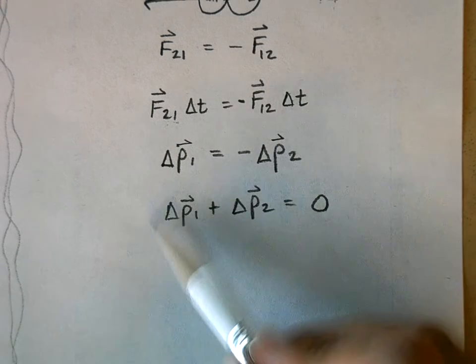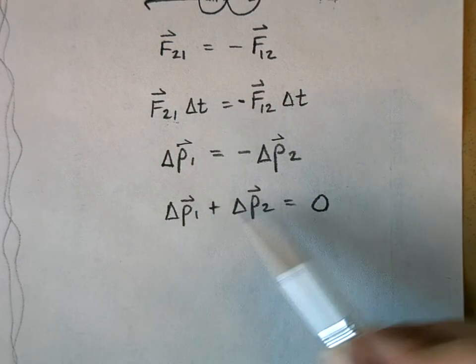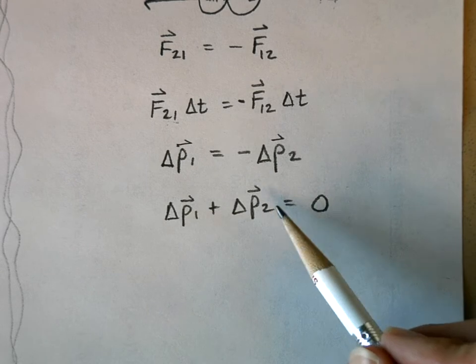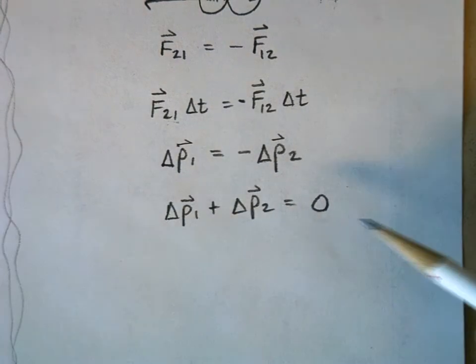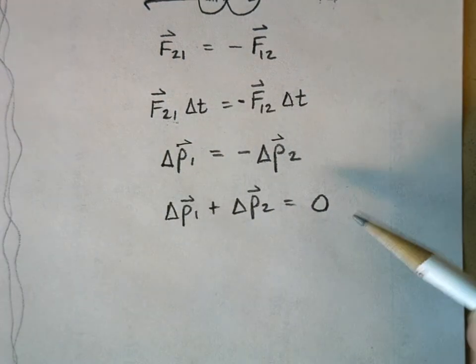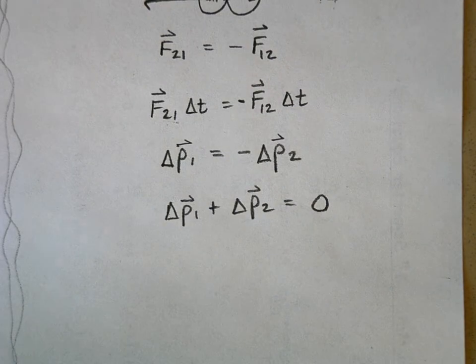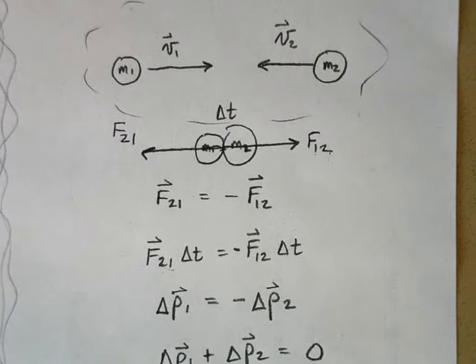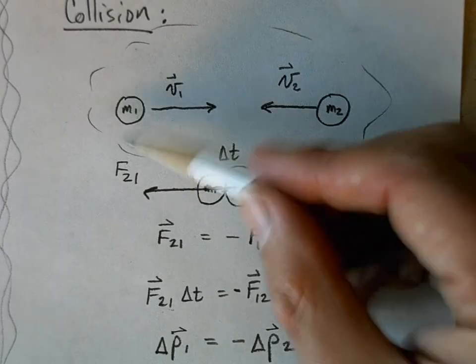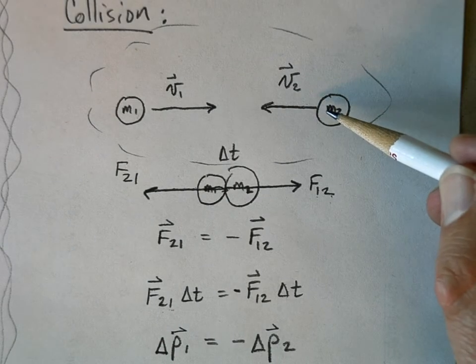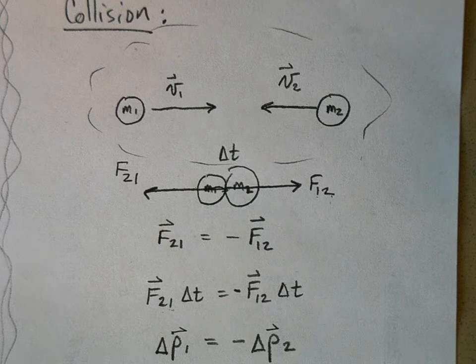The change in momentum on ball 1 plus the change in momentum of ball 2, you add them up, you get 0. Which means I didn't change the momentum of my overall system. If I look at my overall system right here, even after they collided, they're going to have the same amount of momentum in the system.